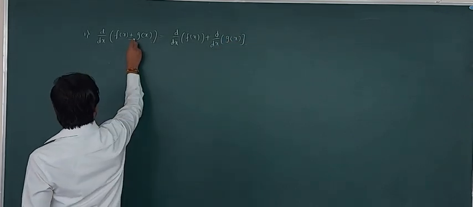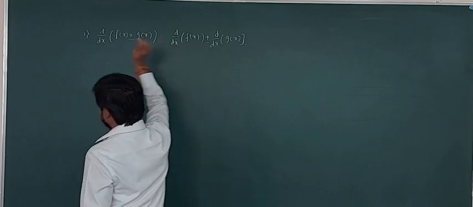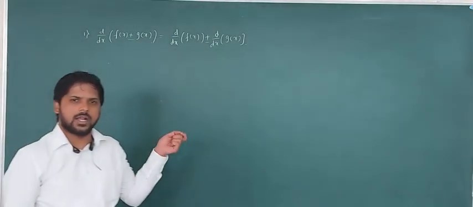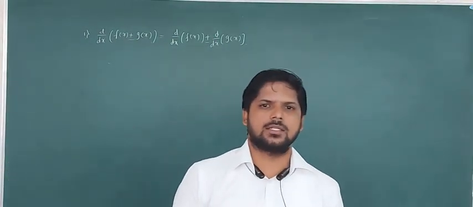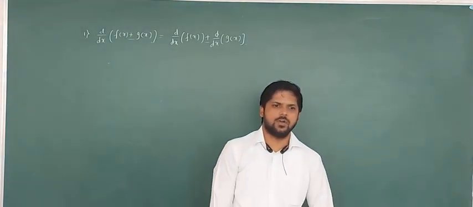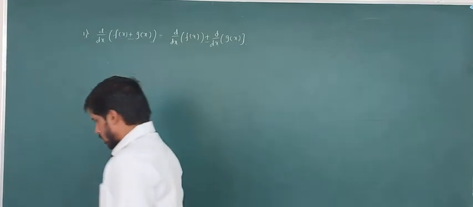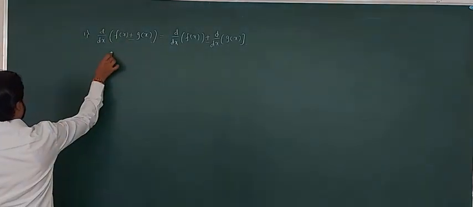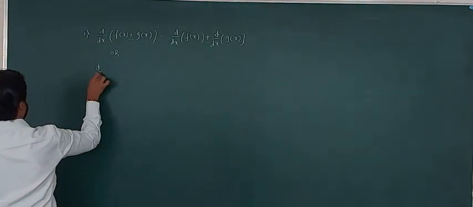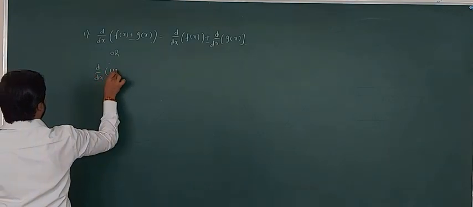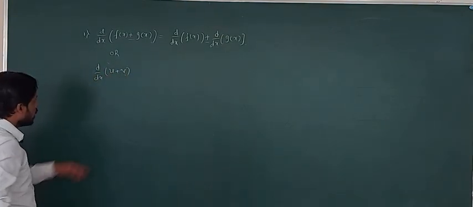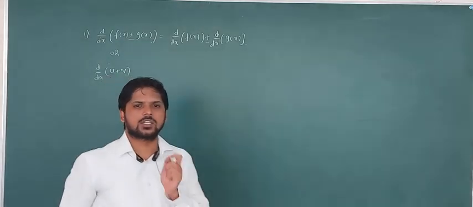Similarly, the derivative of the difference between two functions is d by dx of f of x minus d by dx of g of x, when f of x and g of x are two functions. This can also be written as d by dx of u plus v, where u and v are functions of x.